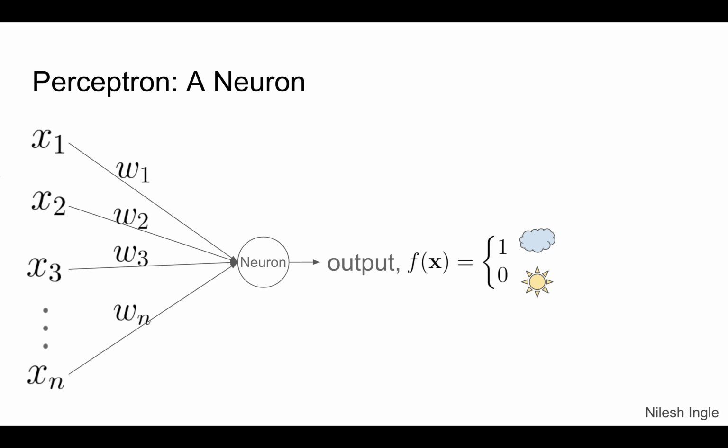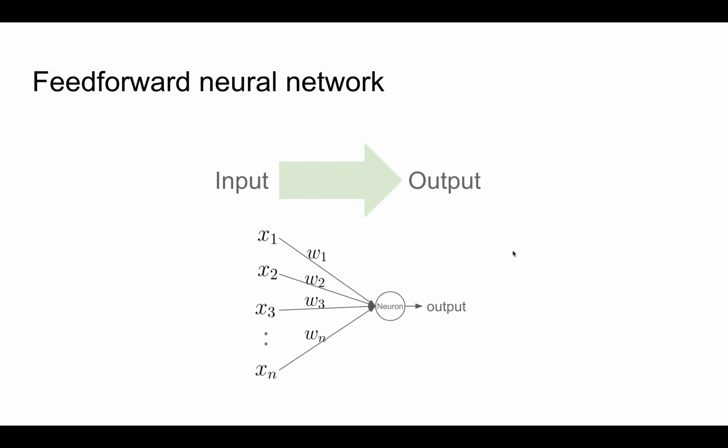So basically we can go from an image, using a neuron or perceptron, to classify that image to either a positive class or a negative class.